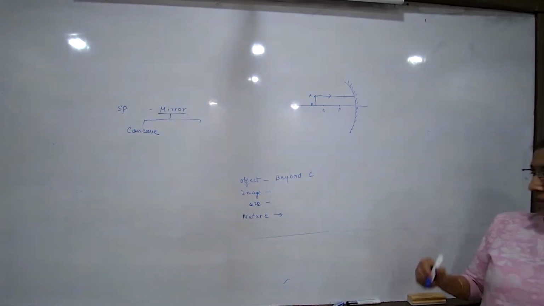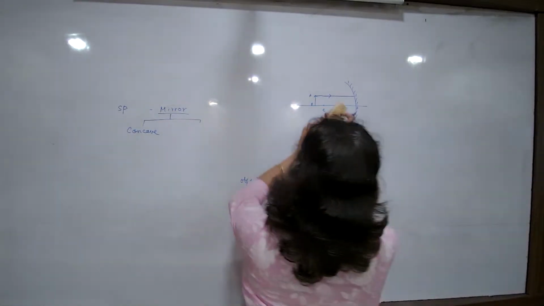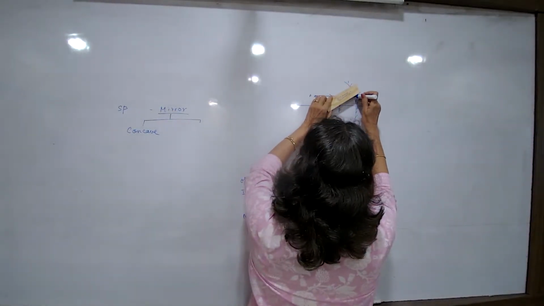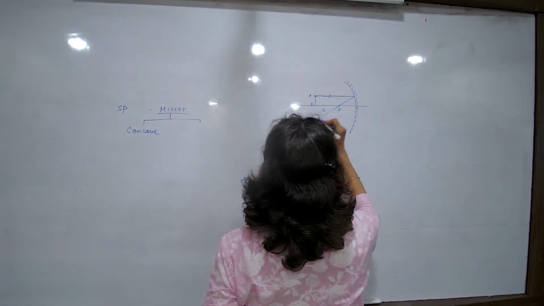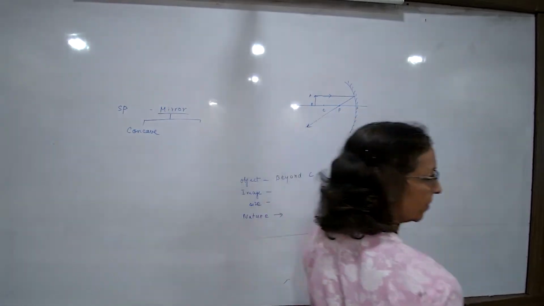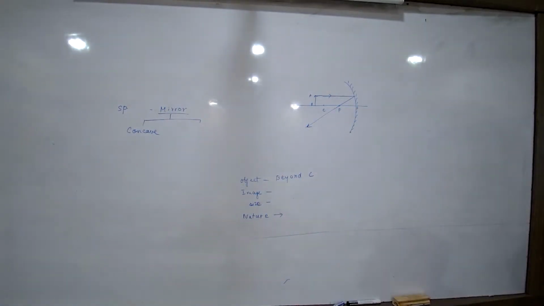Where will this ray pass? So this ray will pass through the focus here, like this. It's reflected, put an arrow.